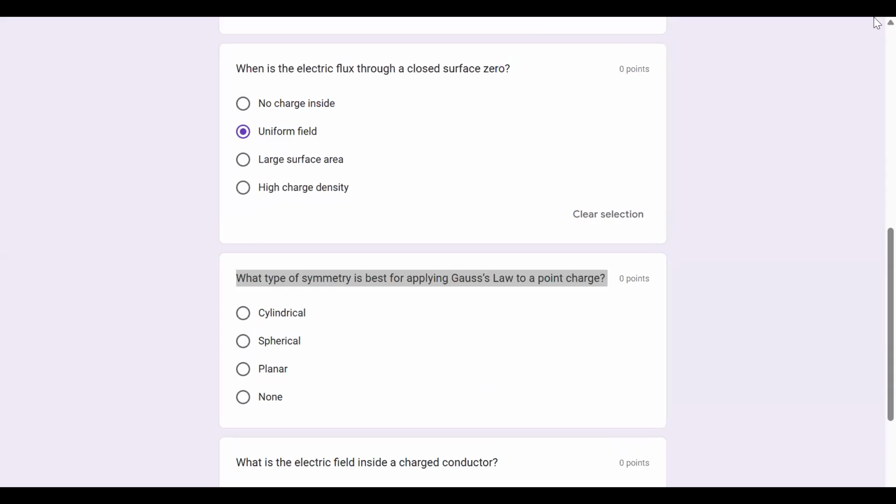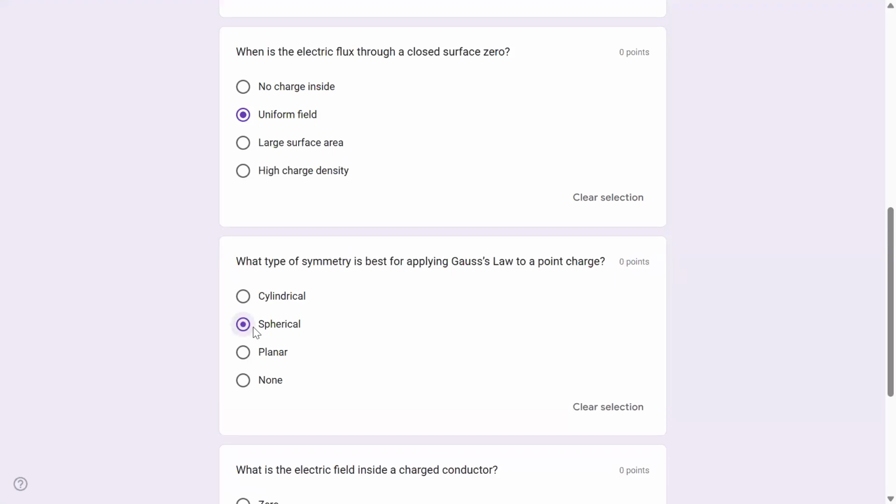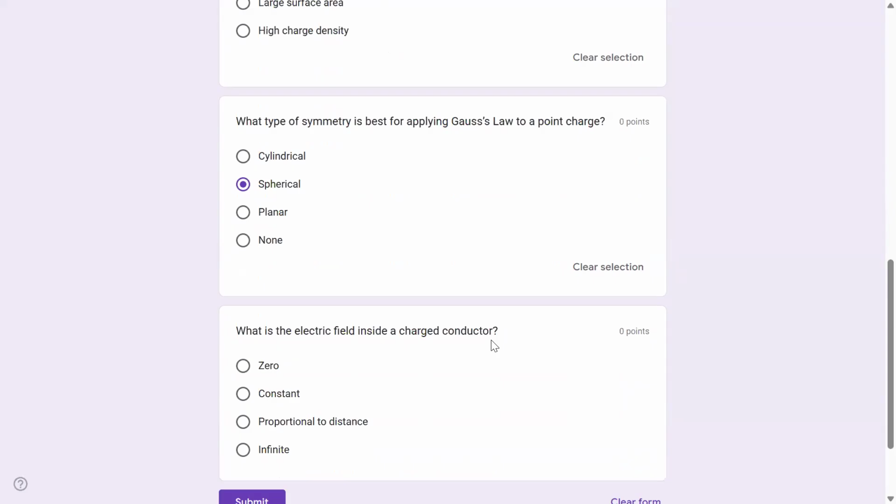Already I told you, spherical. For a line charge, you have to choose cylindrical. For a planar charge, you have to choose a cube-like surface. So for a point charge, spherical is the ideal Gaussian surface.